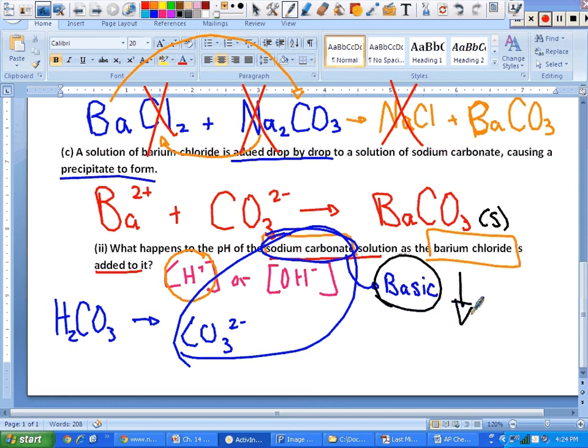So when this forms, it's becoming less basic, which means the pH will decrease. You with me? And they said, a solution of sodium carbonate is basic. When carbonate precipitates out, this decreases the pH. 1 point is earned for the correct answer. No explanation is required. So all you have to say is the pH decreased or increased. And again, this is a 50-50 shot.